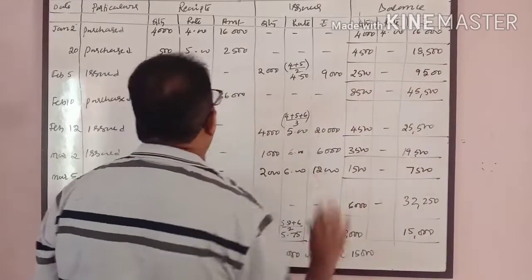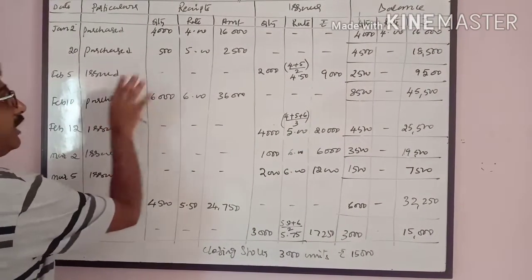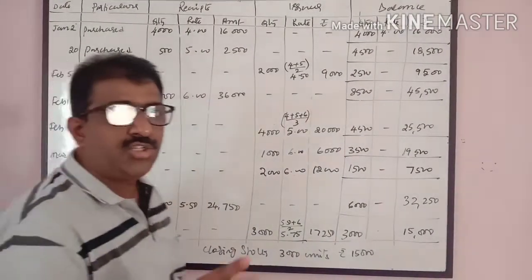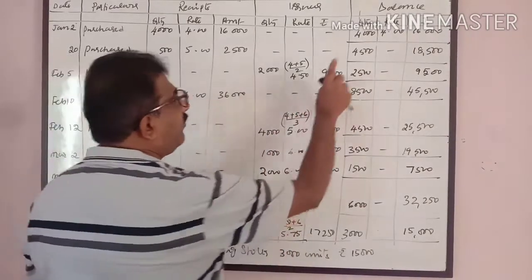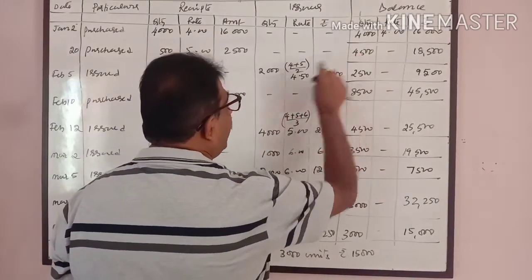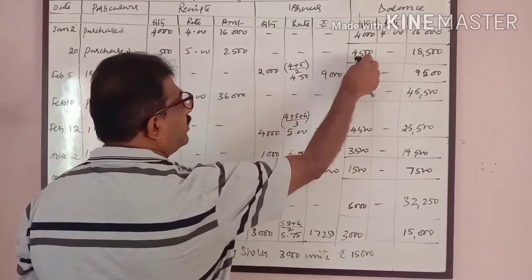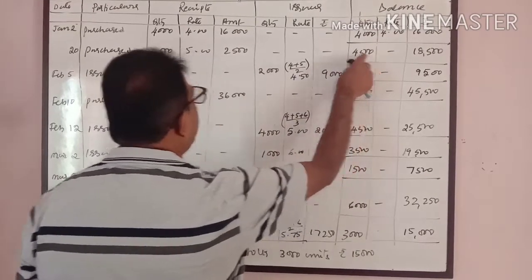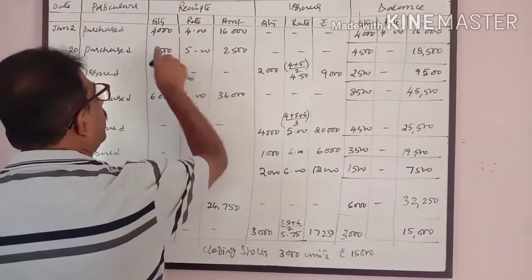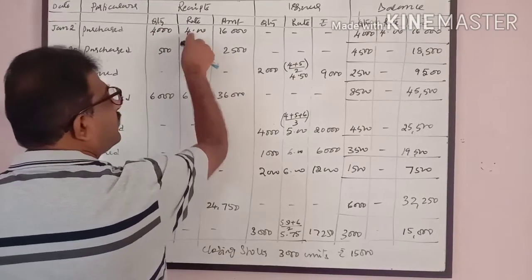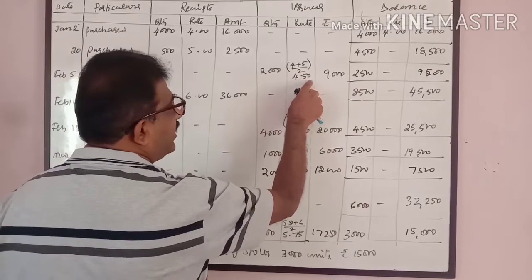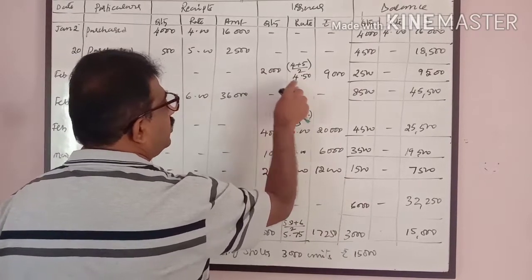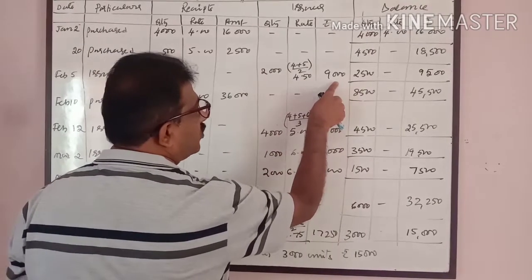Issues should be deducted. 5th February, issues. Whenever there is an issue, we have to apply the simple average price. Here we have two prices. Before issue, just look at the stock here, 4,500, which includes 5 plus 4. 4 plus 5 divided by 2 comes to 4.5, the issue price. 2,000 into 4.5, it comes to 9,000.